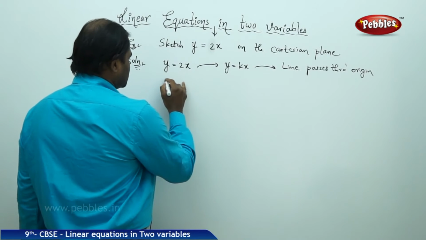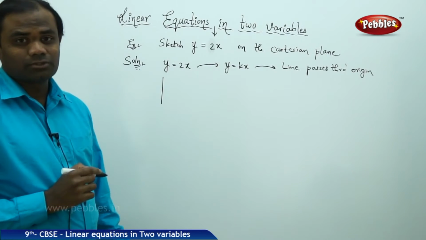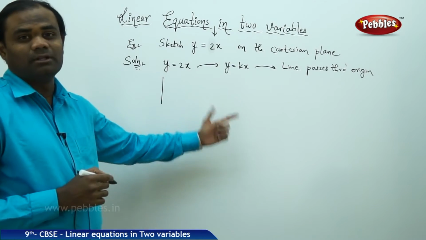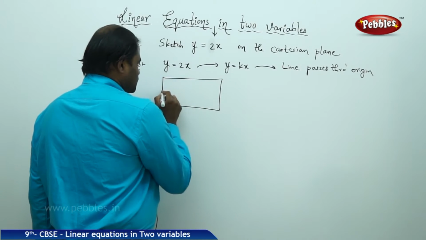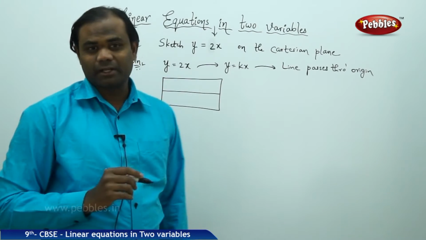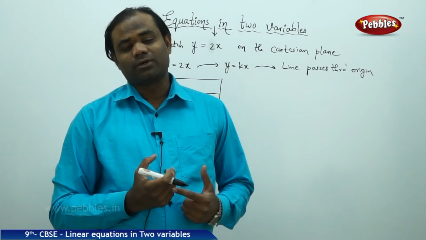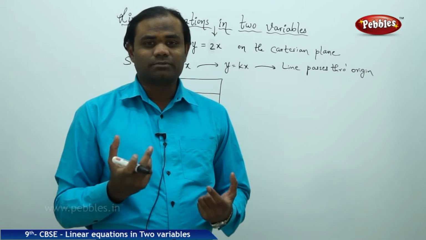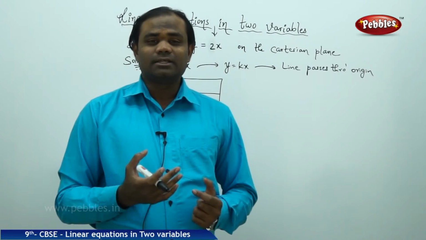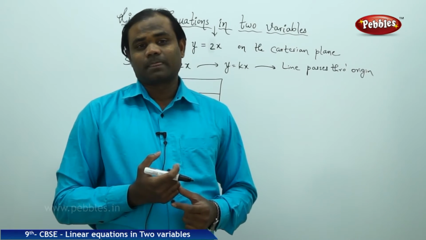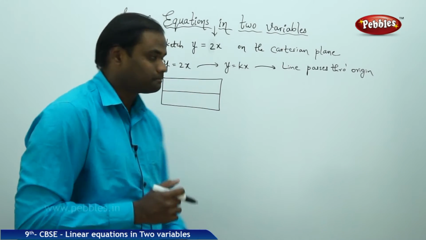Now, in order that I sketch this, the first thing I take is the table of values. As we know, to sketch a line, a minimum of 2 points are required. So if I can identify 2 points which lie on this line, then it's easy to sketch the line. The minimum condition for a line is 2 points.